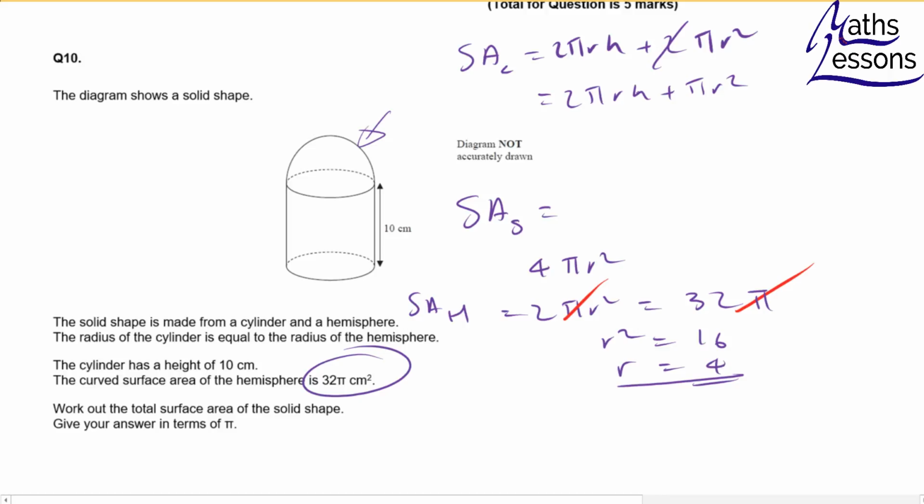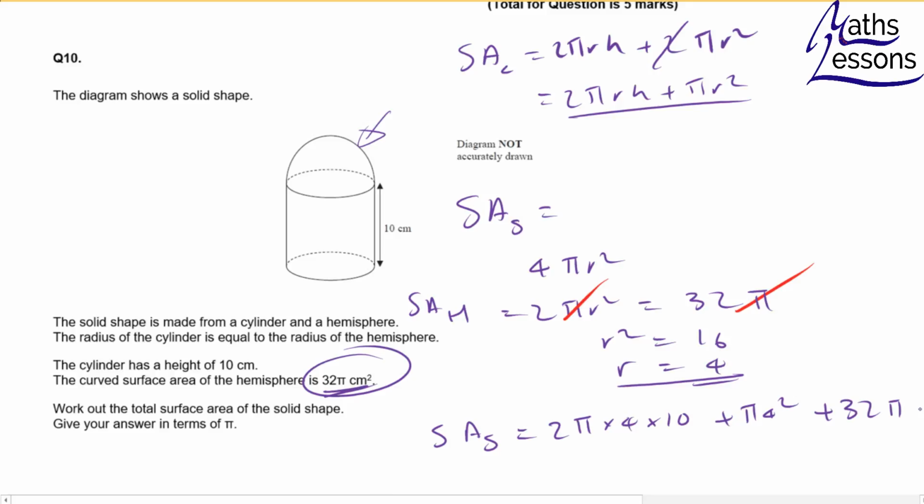Now we've got what we need for the surface area of the shape. Write it out again here: it's going to be 2 times pi times r times the height 10, plus the other pi r squared, pi times 4 squared, plus the 32 pi.